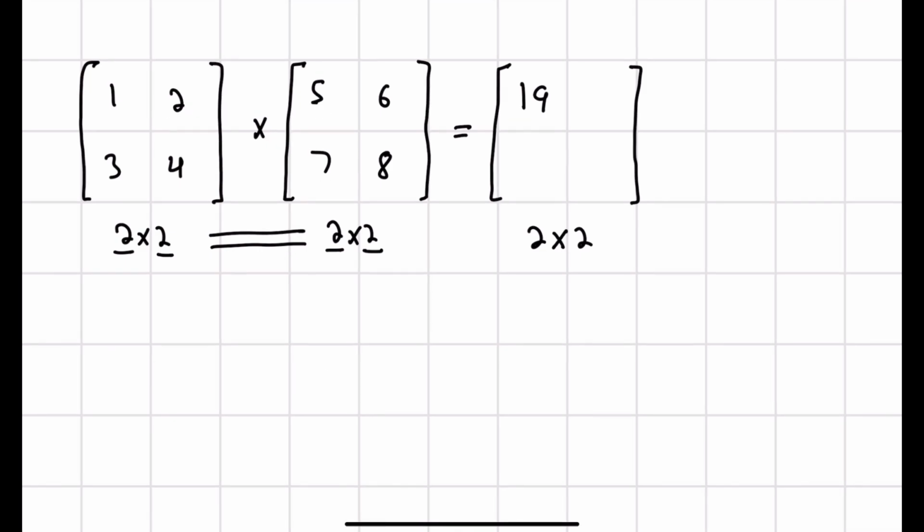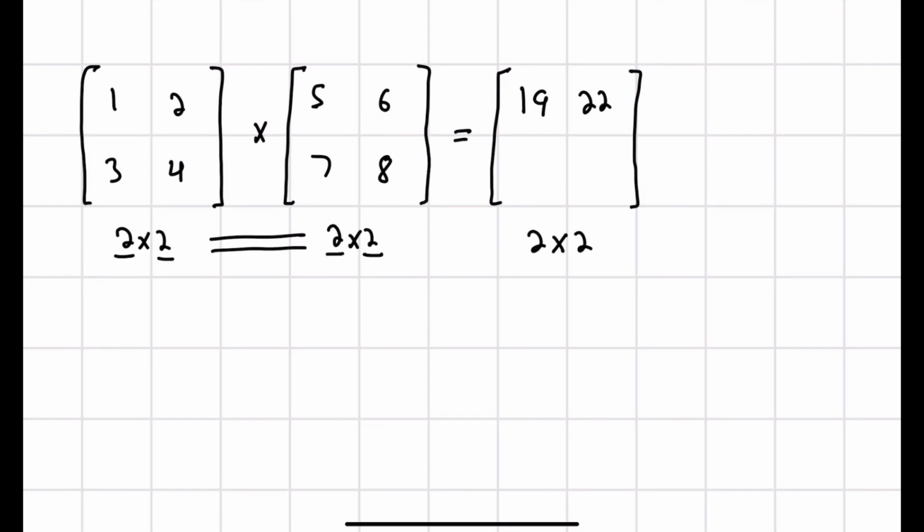So to calculate the top right cell, we have to take the dot product of the top row of the first matrix and the right column of the second matrix. So we have 1 times 6 plus 2 times 8, and this will give us 22. So 22 is the answer for the top right cell.